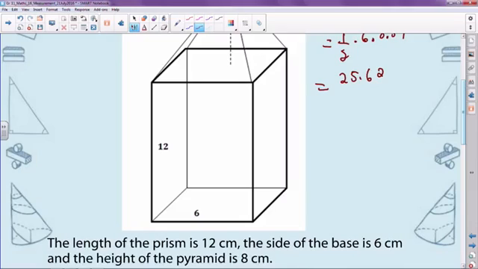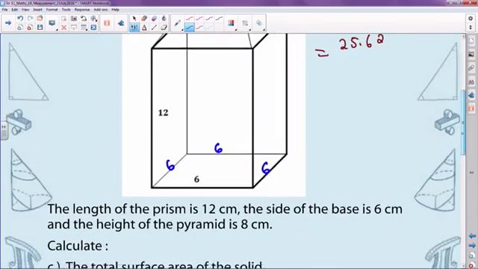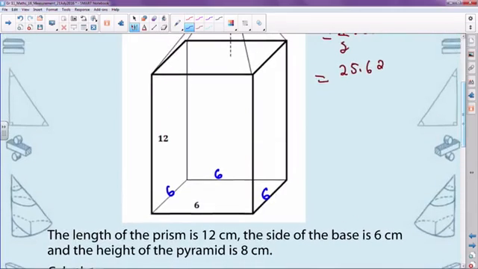So now if we were to just write them down, this is 6, 6, 6. So if working it out, you can work out the area of the bottom part, which is your side by side, and that is 6 times 6, and we get 36.